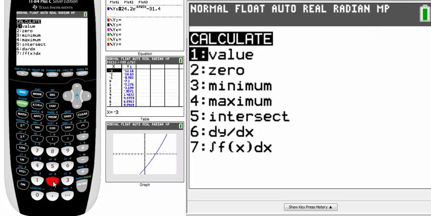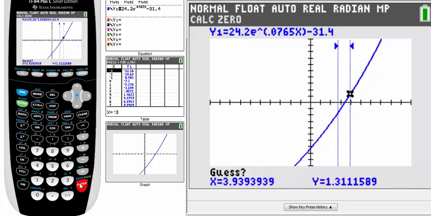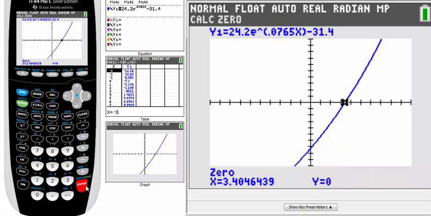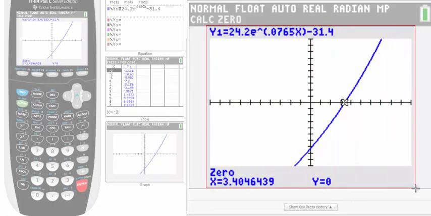I choose option 2 to find the 0 or the solution to the function. And I need to be somewhere to the left, and I'm to the left all the way along here. I'm just going to zoom in a little bit closer, and then somewhere to the right. And there's my guess. So 3.40464, that looks just like we got when we did our work by hand.